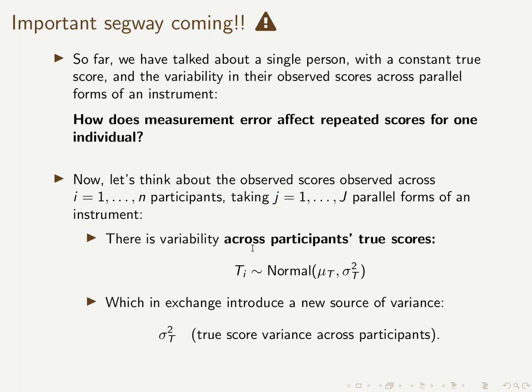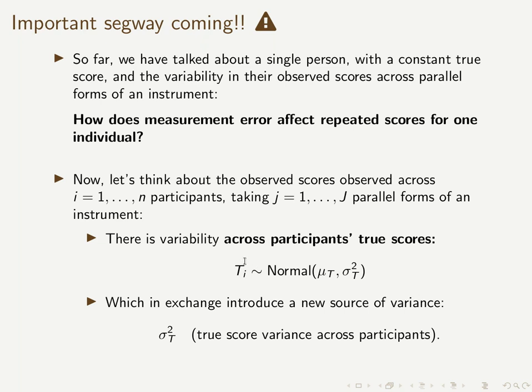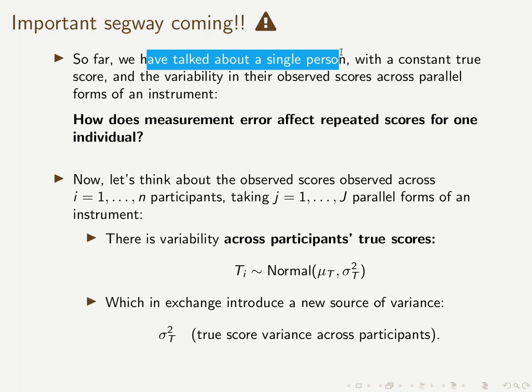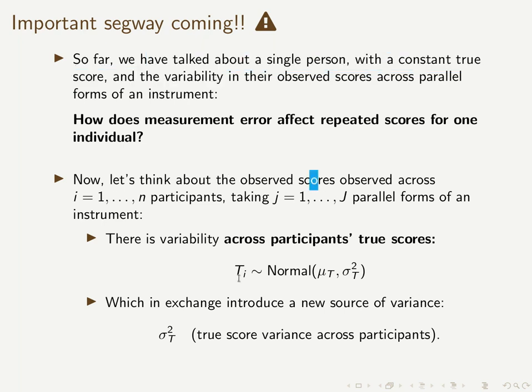And now what we're introducing pretty much is variability in the true scores across participants. What does it mean? That it is still true that at the level of a single person, the true score is assumed to be constant. It's assumed to be a property of the individual. But when I start considering multiple people, of course I expect to find variability in their individual true scores.